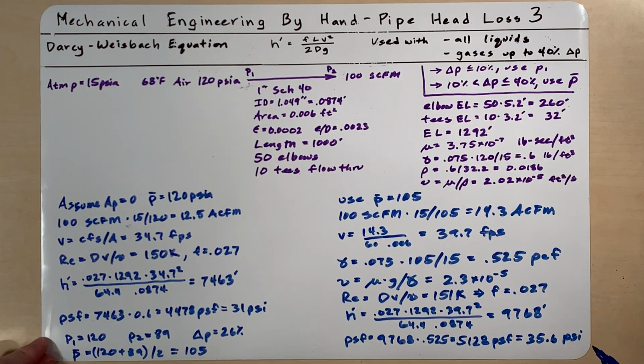Okay, so on this guess, P1 is still 120 PSIA, and P2 is 84.4 PSIA.